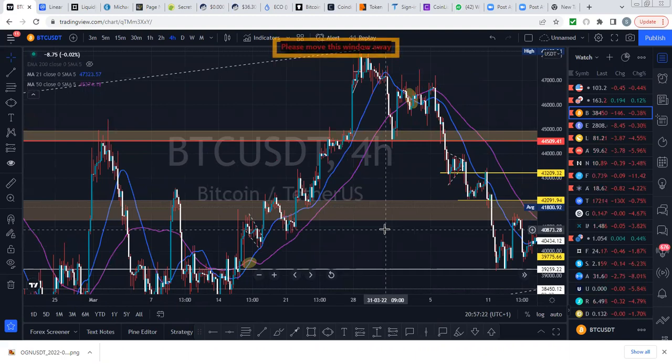Another strategy is to apply two moving averages to a chart, just like we have here.